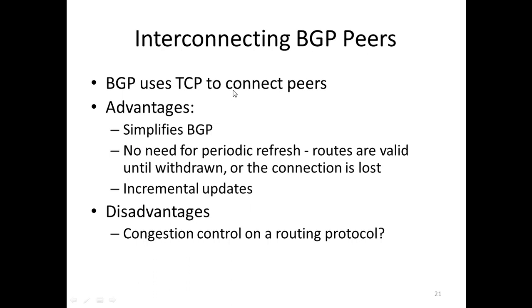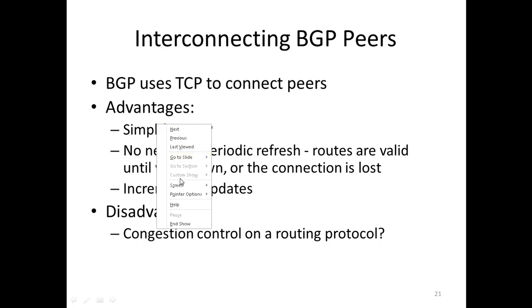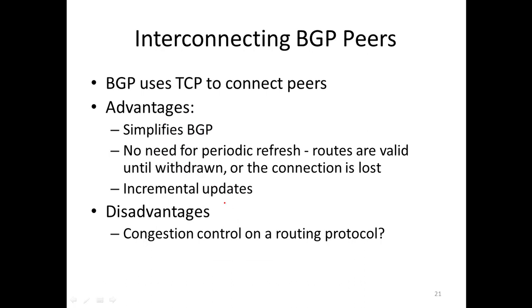BGP uses TCP to connect peers, and you know what TCP is. We have already discussed TCP in much detail. The advantage of interconnecting these devices using TCP is simplicity, and there is no need for periodic refresh. Routes are valid until withdrawn or the connection is lost.